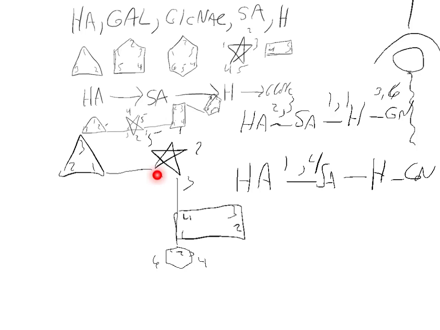So that's here and here. On sialic acid to heparin, this linkage looks at carbon 3 to carbon 4, so here you're going to write 3, 4. And then heparin to GlcNAc, you're doing carbon 1 to carbon 2. So you're 1, 2.